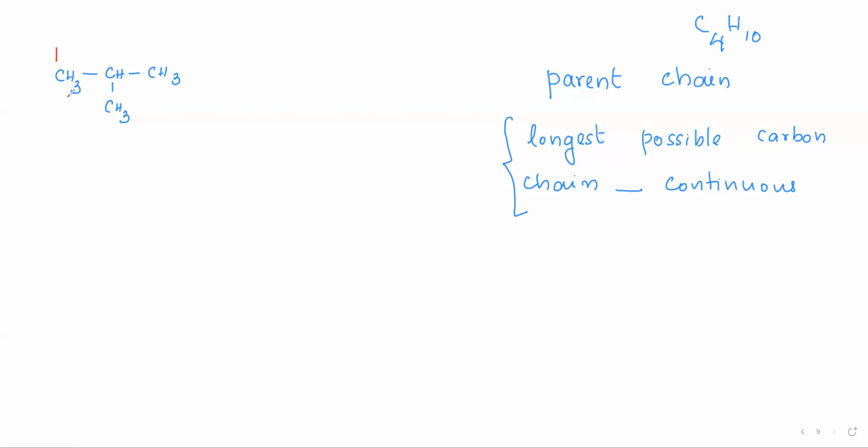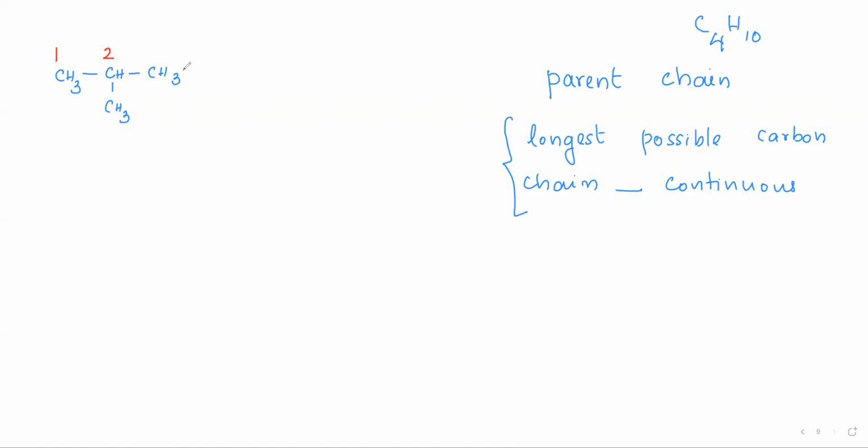Now, I can move on to the next carbon provided there is a bond. And I'm finding a bond between carbon 1 and carbon 2, the next carbon. So, I can count the next carbon as the second carbon. Now, after reaching the second carbon, I have two options.